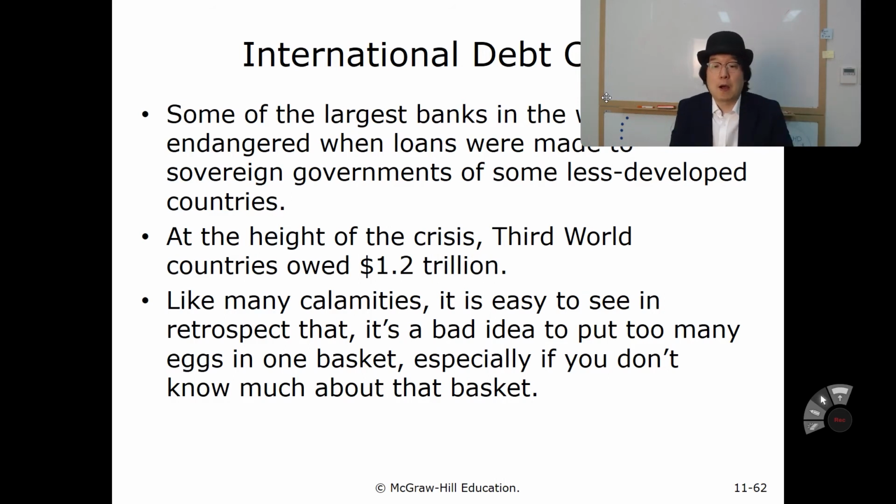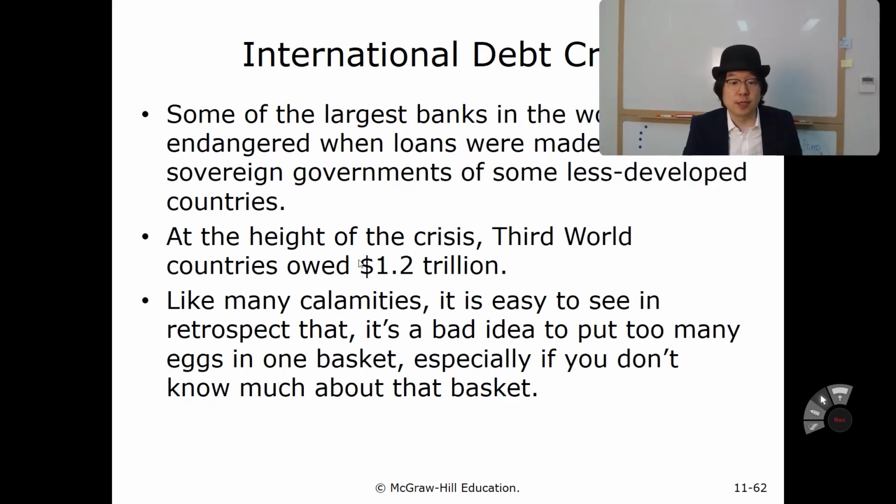So they're happening together, usually. Let's look at it from the banking perspective. At the height of the crisis, third world countries owed about $1.2 trillion, right? Like many calamities, it is easy to see in retrospect that it is a bad idea to put too many eggs in one basket, especially if you don't know much about the basket.